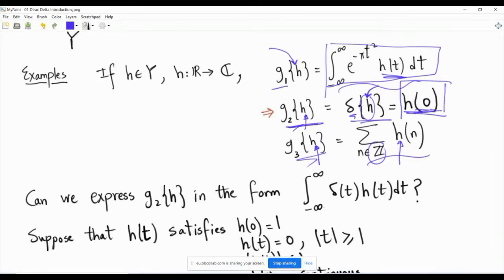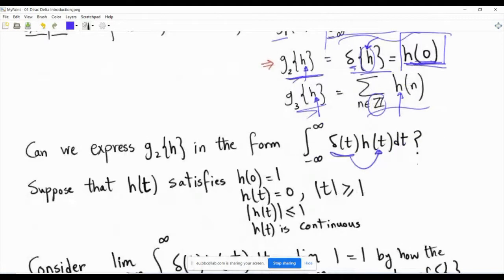Do we have a function such that you can multiply it by another function h of t, integrate, and it gives you the value at the origin? The answer to this is no: you cannot find a well-behaving function that will do this operation.